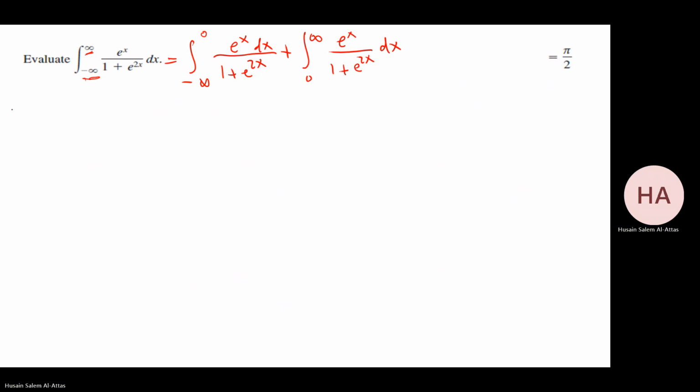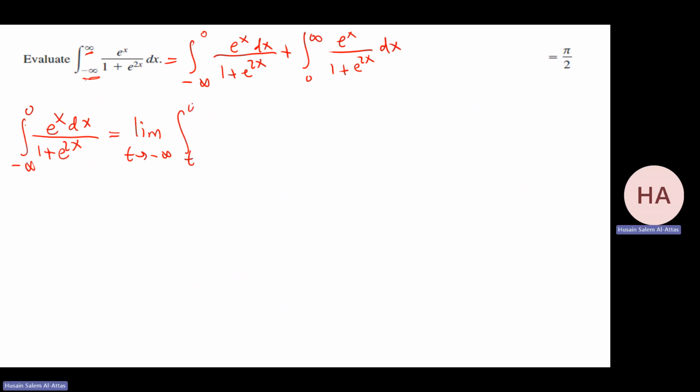So the first one, let me do it in steps. I want to do this one. That will be what? That will be the limit as t goes to minus infinity of the integral from t to 0. And that is equal to the limit as t goes to minus infinity. How to find this integral? I can let u equal e to the power x.